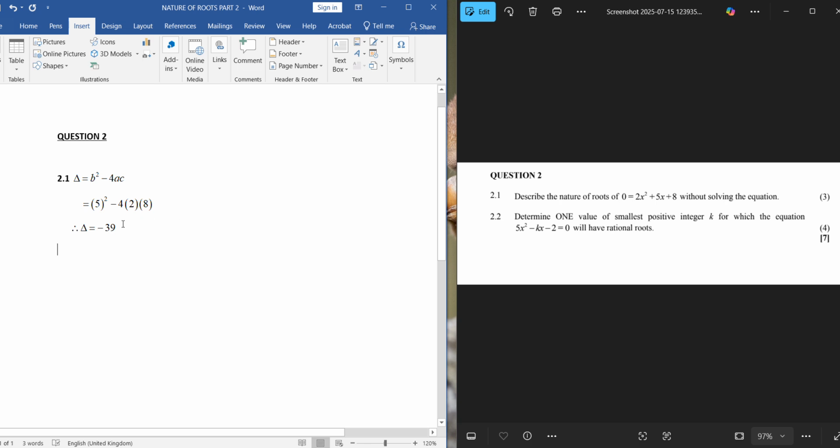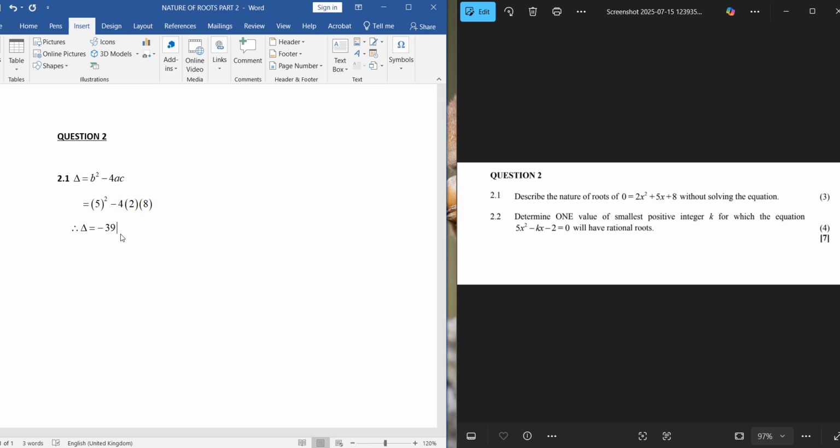Now you must recall all the prescripts. You must recall all the conditions of the nature of roots. The first condition says, if delta is greater than 0, meaning that if you get the value of delta to be a positive number, and if that positive number is a perfect square, then the conditions are as follows.